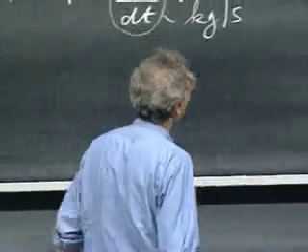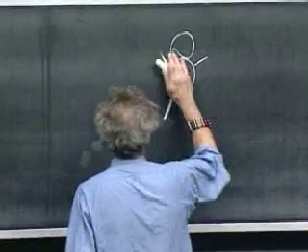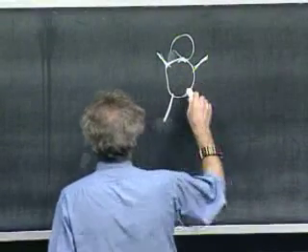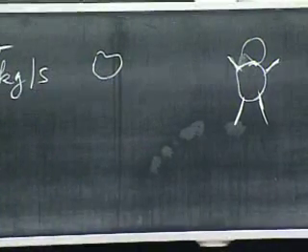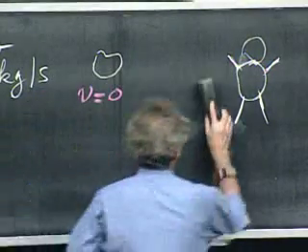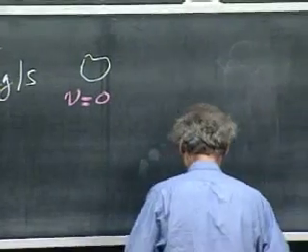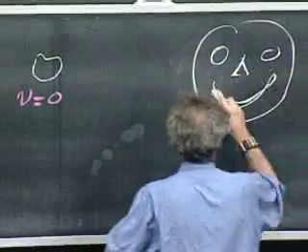Now I'm going to be a little bit unpleasant to you. I'm going to throw rotten tomatoes at you. Here you are, and I have here a tomato, and this tomato has 0 speed to start with. Let me make you a little bigger, otherwise I won't even hit you. So this is you.